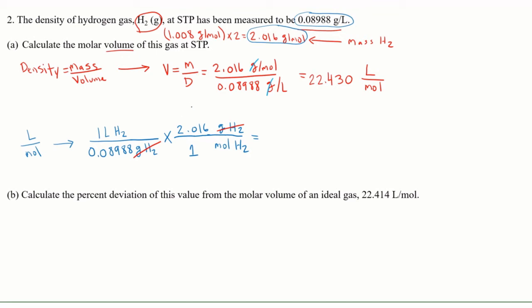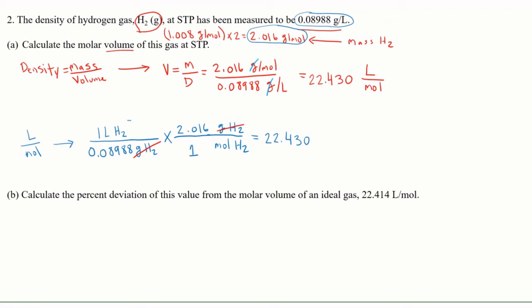Now if you look carefully here, this is going to be the same exact calculation we entered in the calculator for the top calculation. So it will give me the same answer, 22.430.